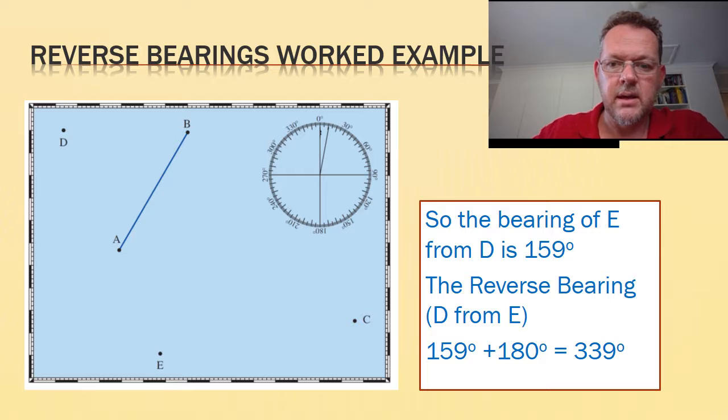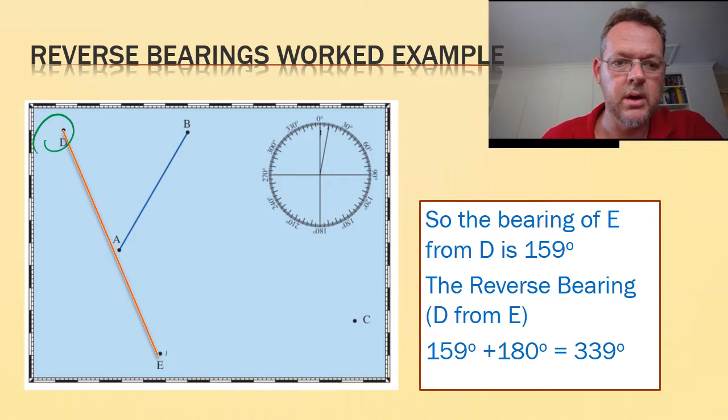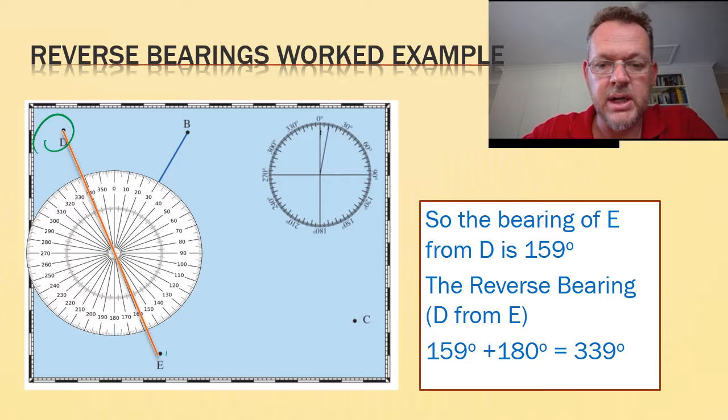Let's now consider the bearing of D and E. We'll have a look at these two. We'll connect them with a line, and then I'm going to place a protractor on that line, and because it's a large line and a smaller protractor, I can get away with this, and it'll show me both of the bearings.